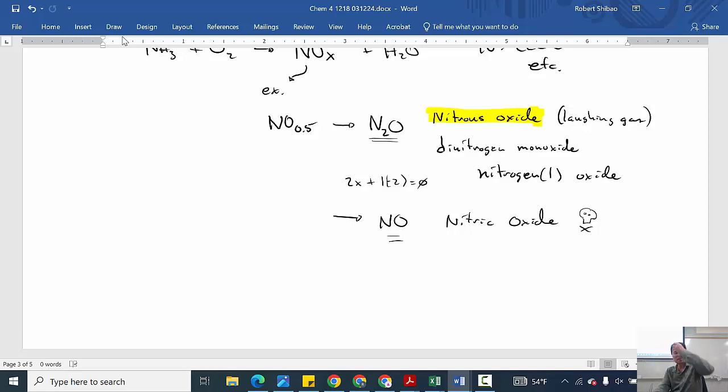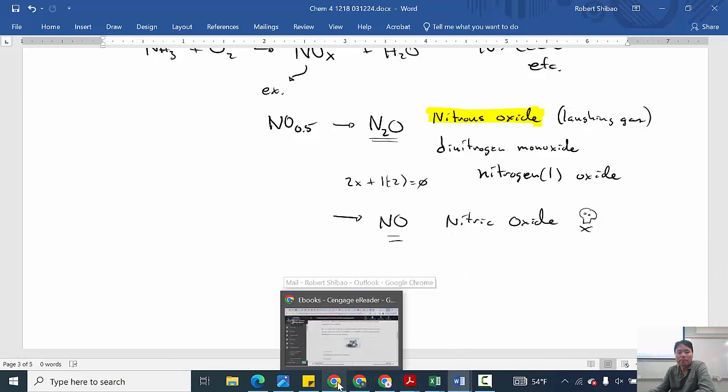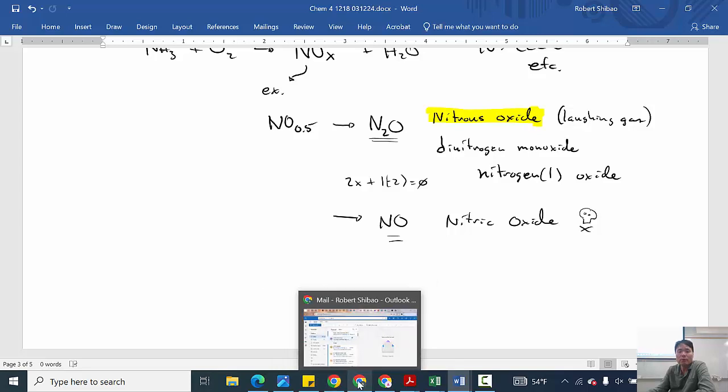Nitric oxide is poisonous. Well, I need to take that back because nitric oxide is important. If we don't have nitric oxide in our body, it doesn't function properly. And so it's poisonous at high levels. Nitric oxide is very important in biological systems.